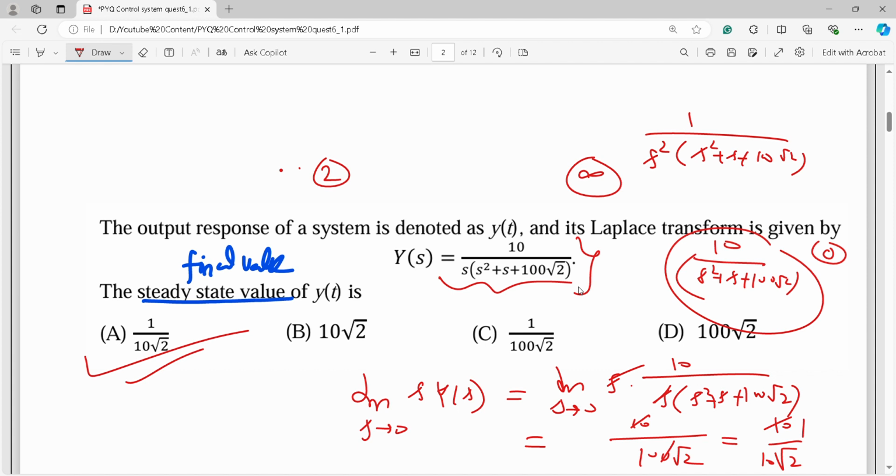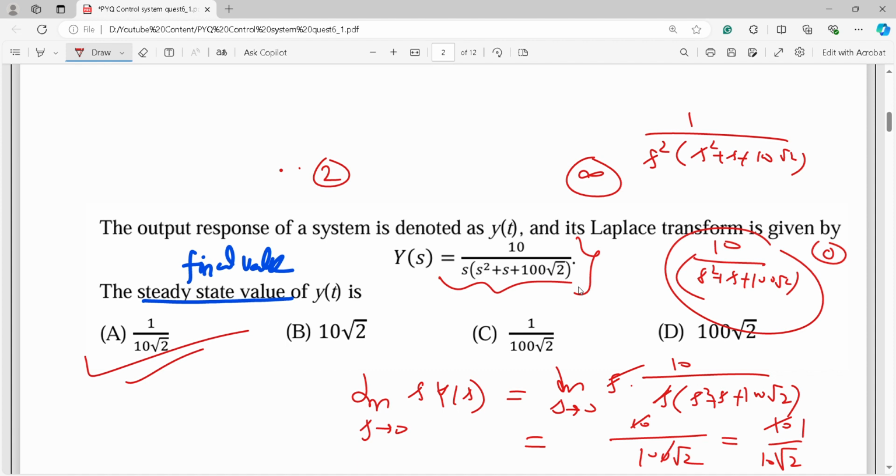So we can say an integrator means a pole at the origin. So type 1, okay, means I would say a single pole gives a finite steady-state value. Okay, so that's a variation we can also observe in the GATE exam related to the final value theorem. Straight away we cannot apply the final value theorem. First, the system should be stable.